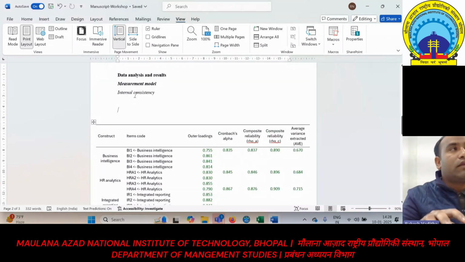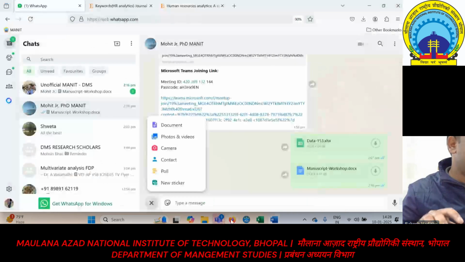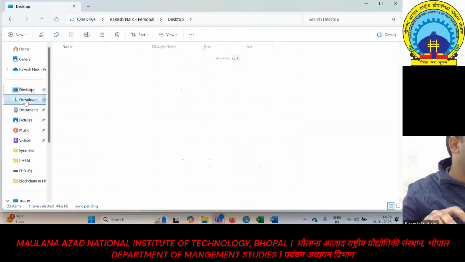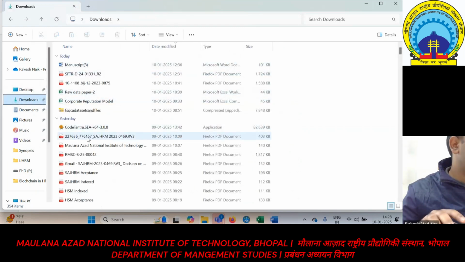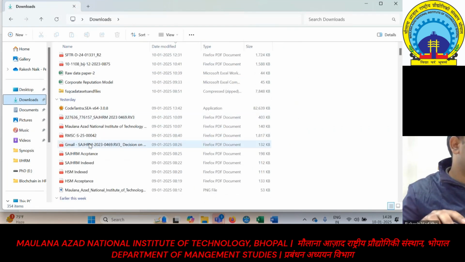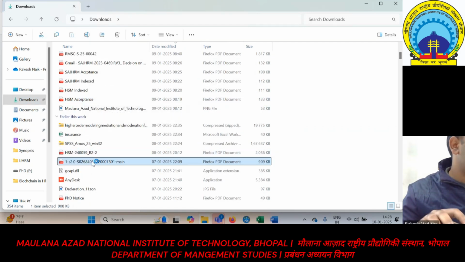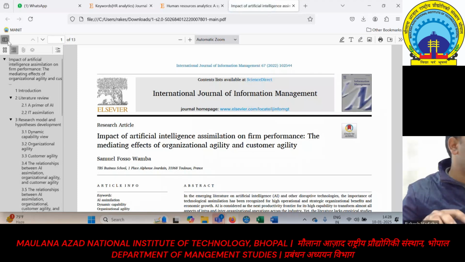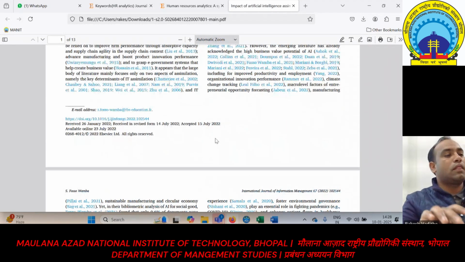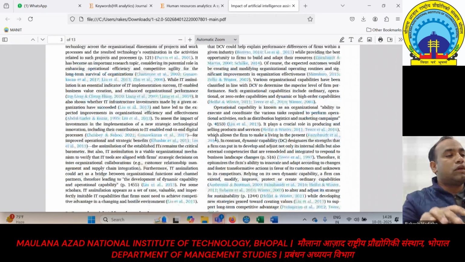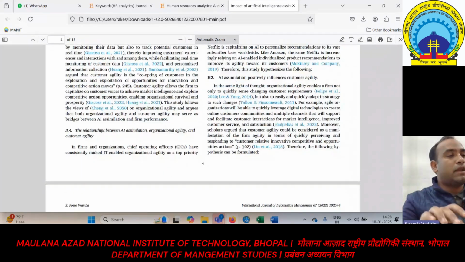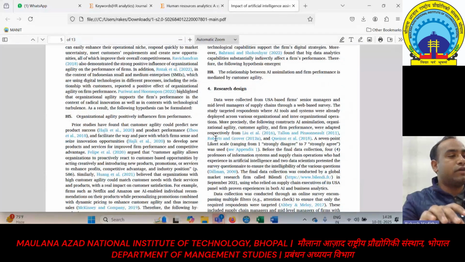Now we are writing the description for internal consistency. How do we have to write that internal consistency? Impact of AI on firm performance.